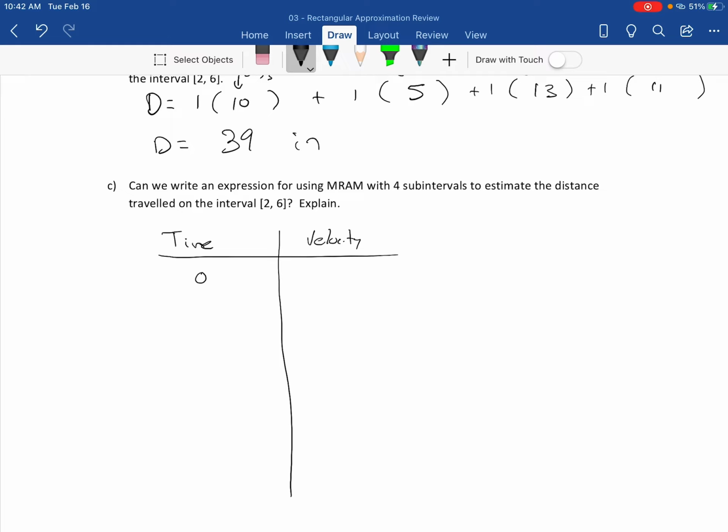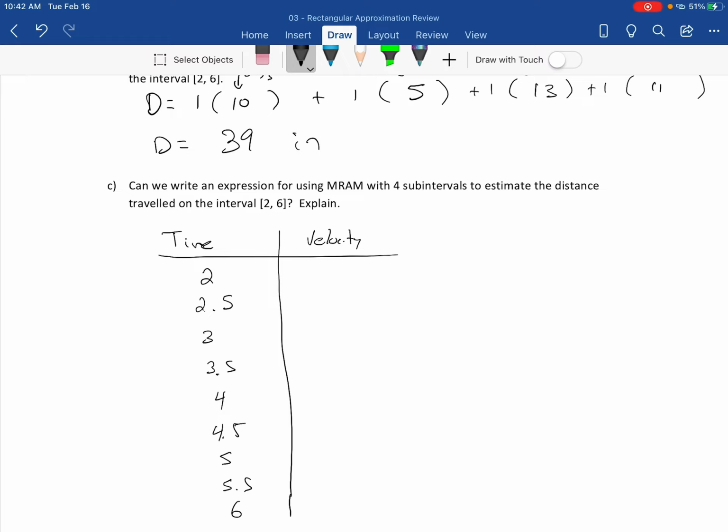I'm going to go 0. Oh, wait, I don't need 0. We're doing 2 to 6, right? So I'll start at 2. 2, 2.5, 3, 3.5, 4, 4.5, 5, 5.5, 6.